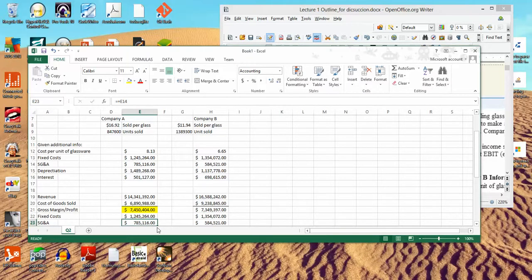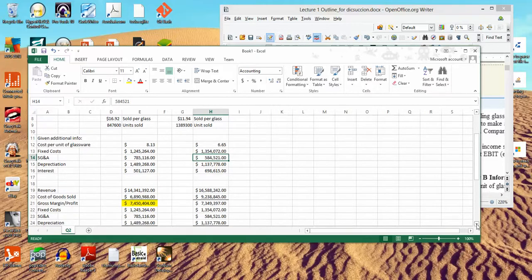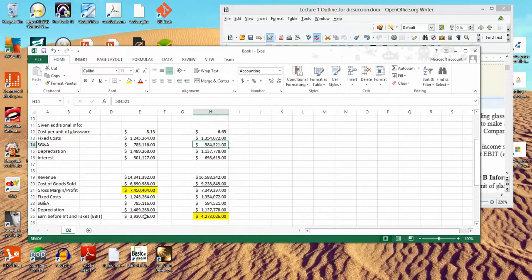SG&A is really costs associated with the company that's not directly attributable to the units sold or the services sold. 785,116, and just carry it down from E14, and then here from H14, and do the same thing for depreciation. Just carried it down.